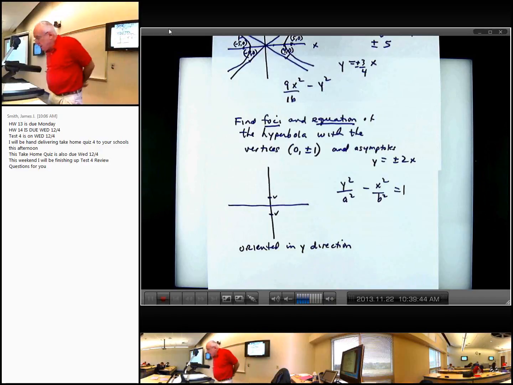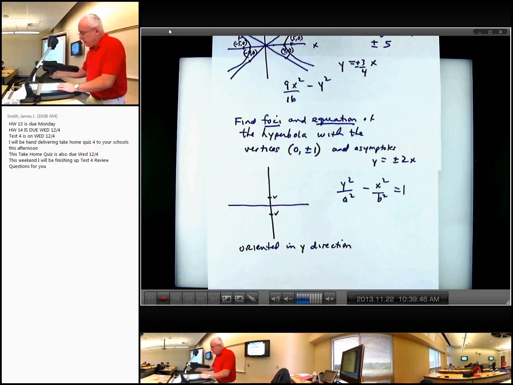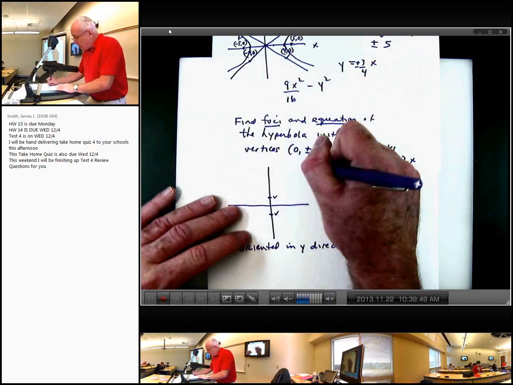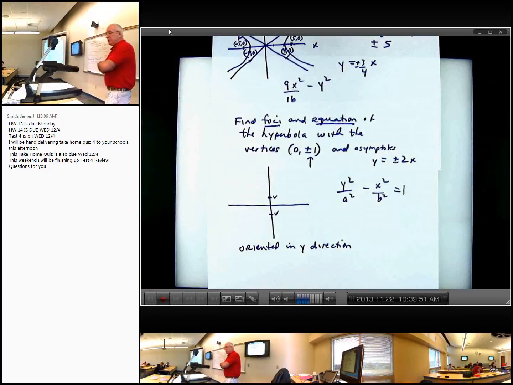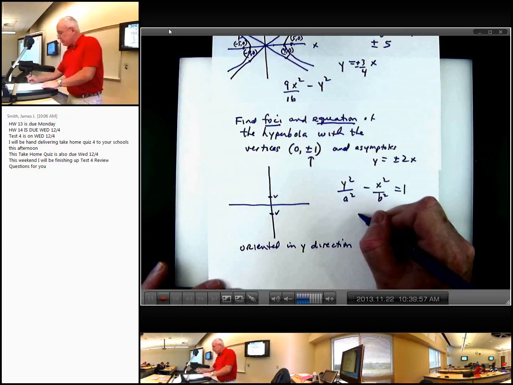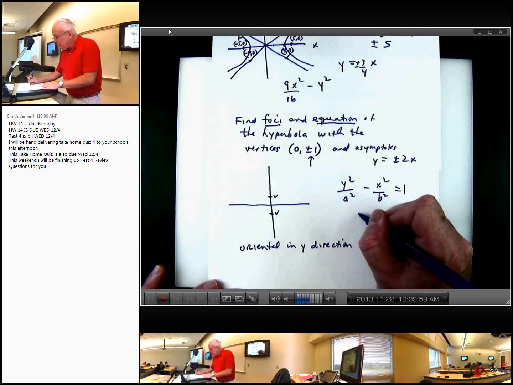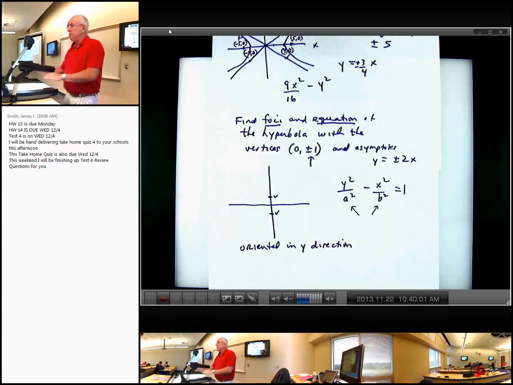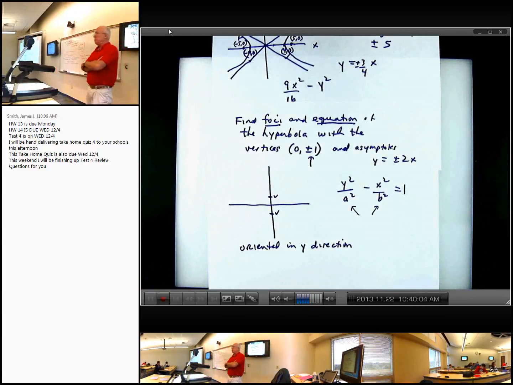Okay, now, what are we also given? In addition with these vertices, what does this number here for this vertex tell us about either this number or this number? Remember that vertex is also an intercept.